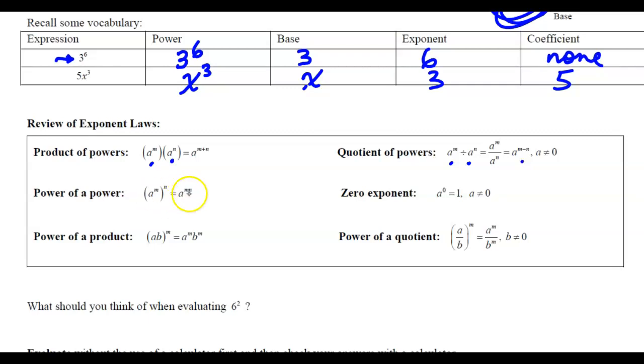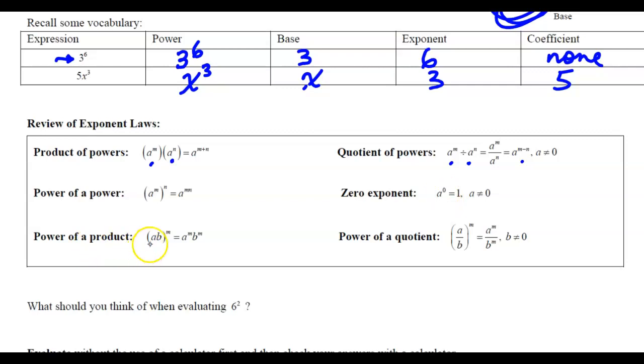Power of a power, we multiply the exponents together. Then remember that anything raised to an exponent 0 has a value of 1. It's almost the easiest thing ever.